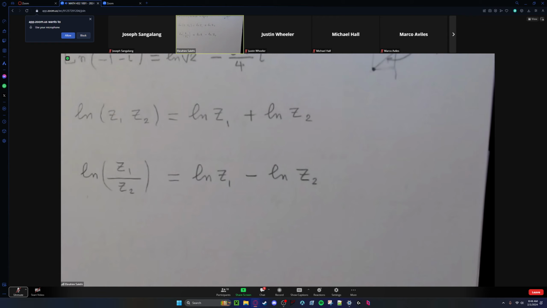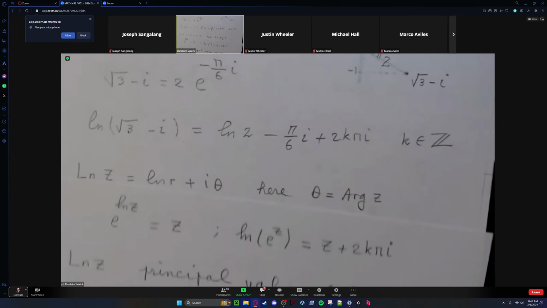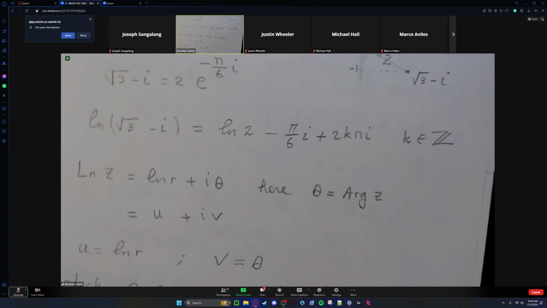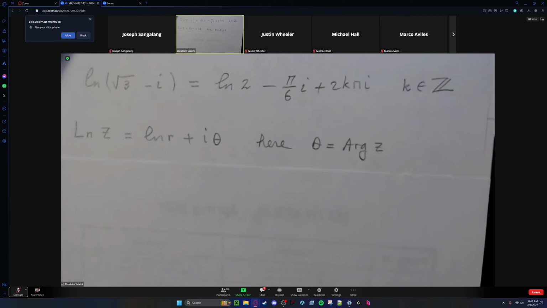Okay, well, the next thing to talk about is dealing with the derivative, right? Why not? After being able to find the logarithm, let's find the derivative. So here is a log function, and I cannot talk about the derivative for a function that has many values.